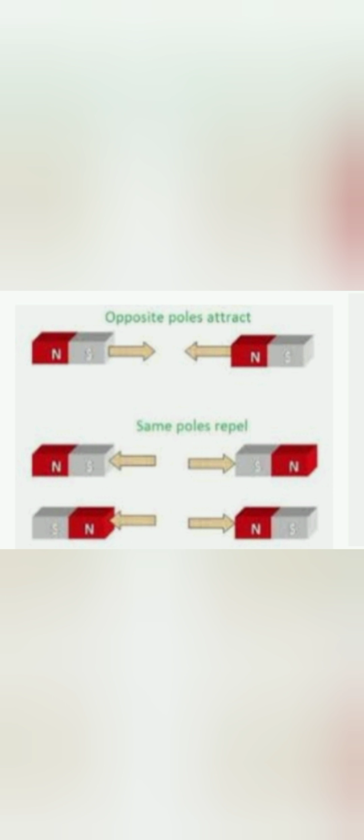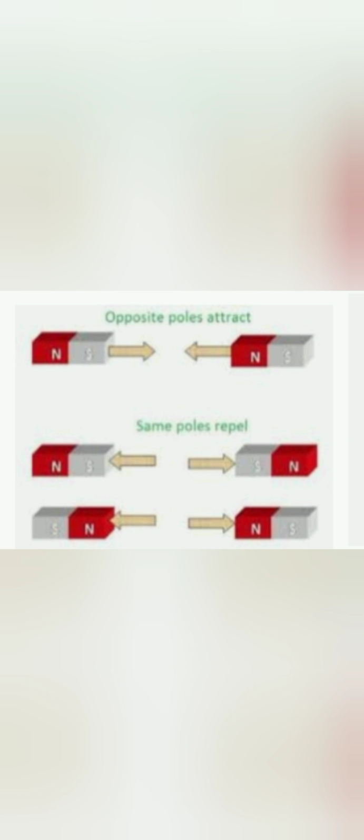Now, bring the south pole of the second magnet near the north pole of the suspended magnet. In this case, you will see that they attract each other. When this activity is done in the reverse manner, the same result is obtained. This shows that unlike poles attract each other.